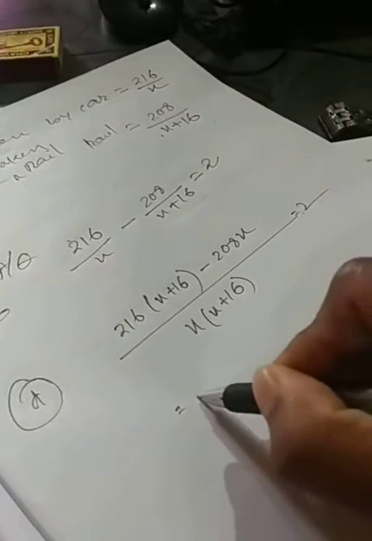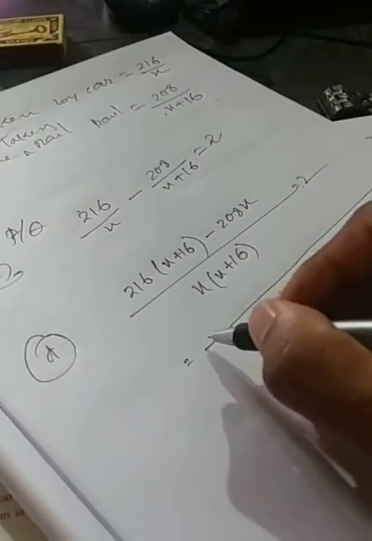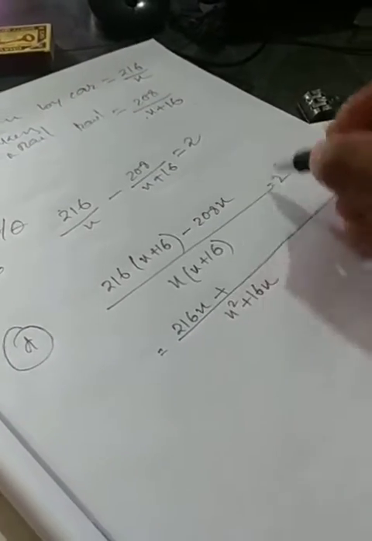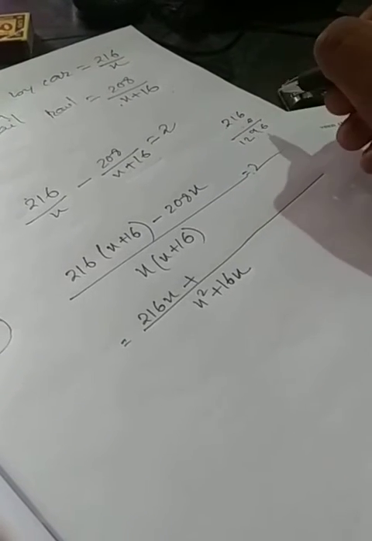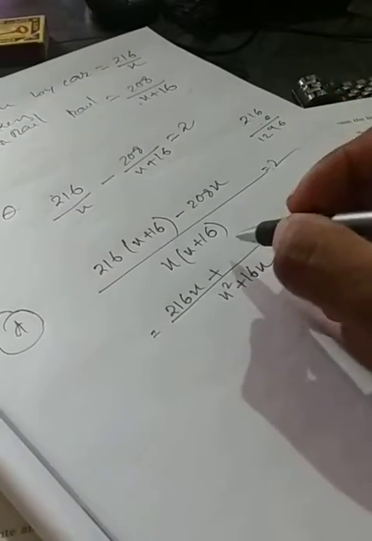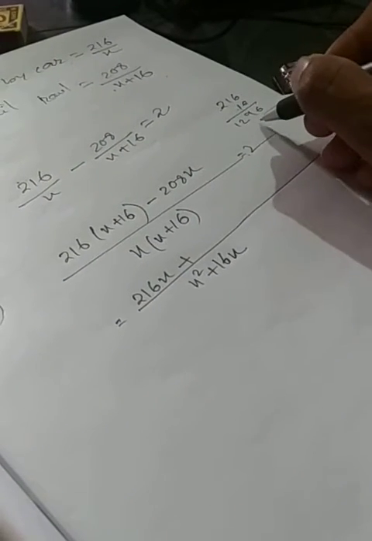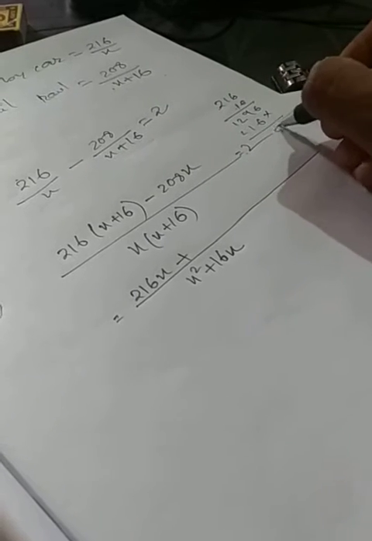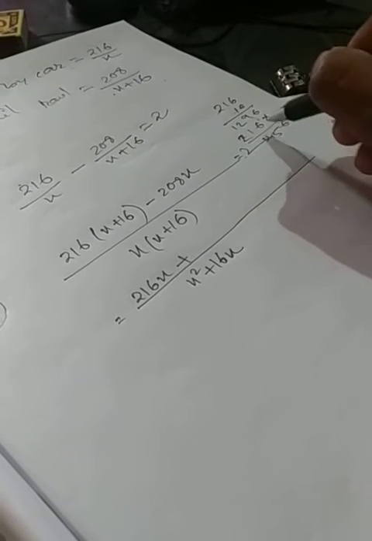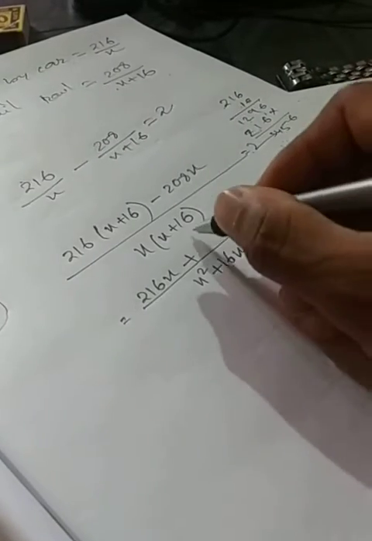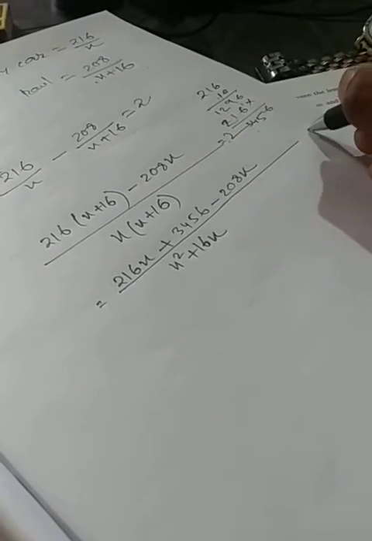Same style, down multiplication, up multiplication. 216 multiplied by 16, it is not 6, 16 we have to multiply. So we get 3456. This is the answer.